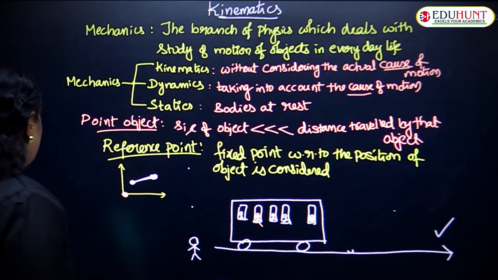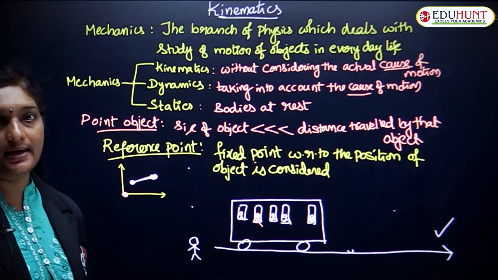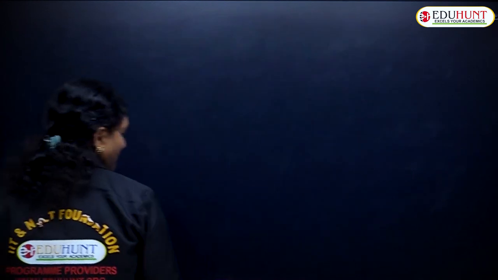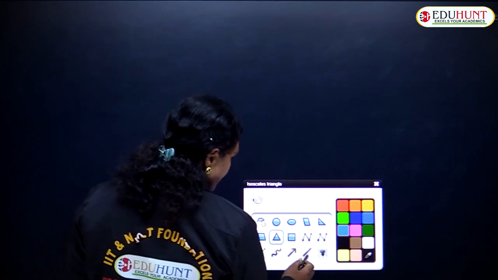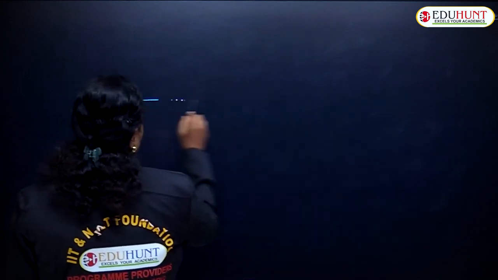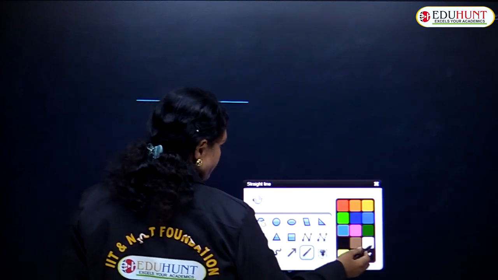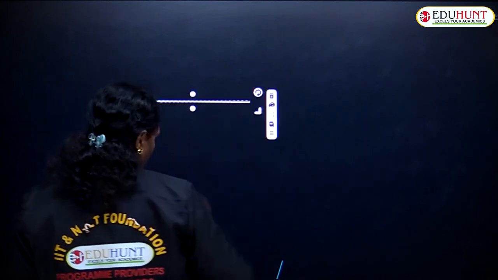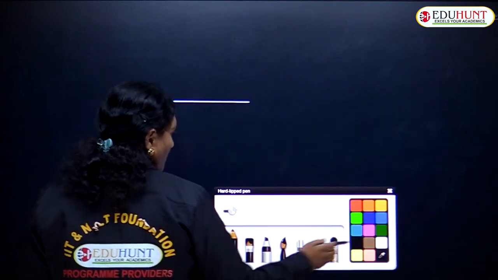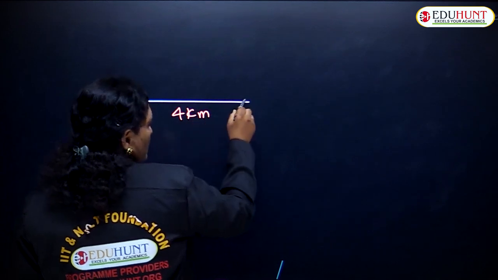Next, let us try to understand the concept of distance and displacement. Here we go. Let us suppose that a person has covered a distance of 4 kilometers towards the east in this direction.